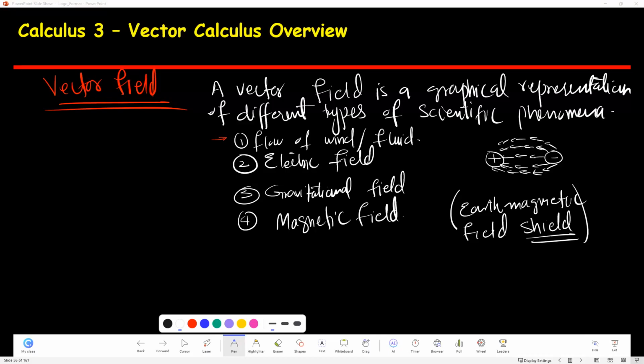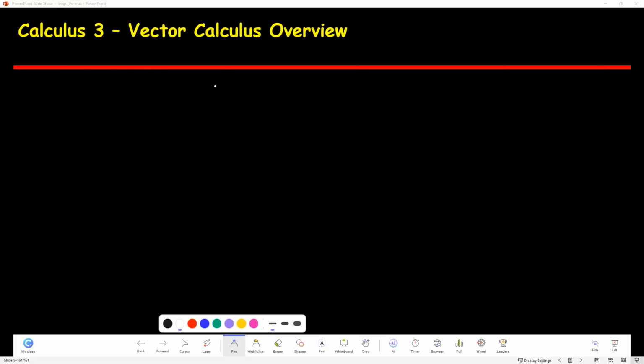So if someone gives you this field, let's suppose 5i + j, and let's suppose it is a wind. W is the wind vector. So the wind is blowing 5i and just 1j. It means if you make an XY axis, this is your X axis, Y axis, 5i means you go 1, 2, 3, 4, 5, and then 1j. So this is a vector.